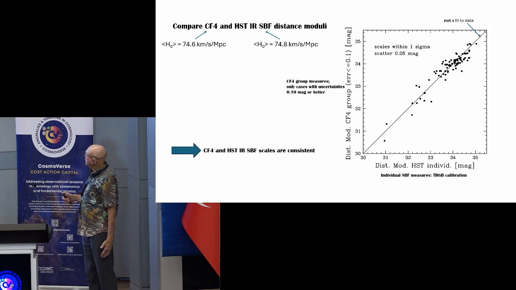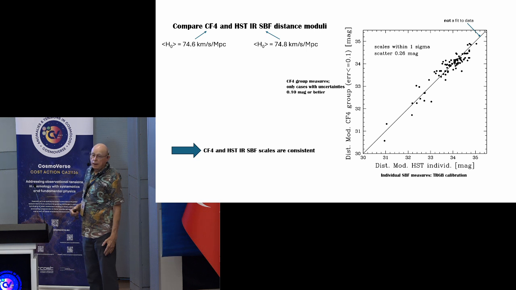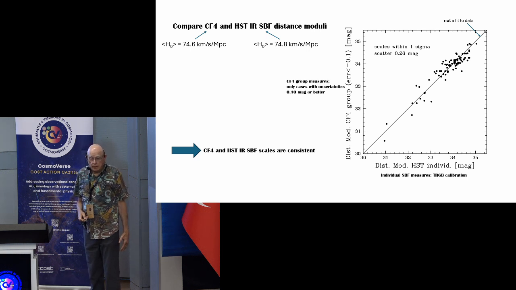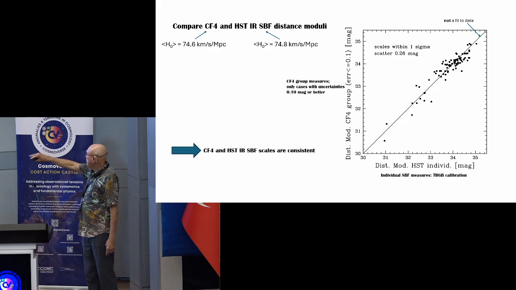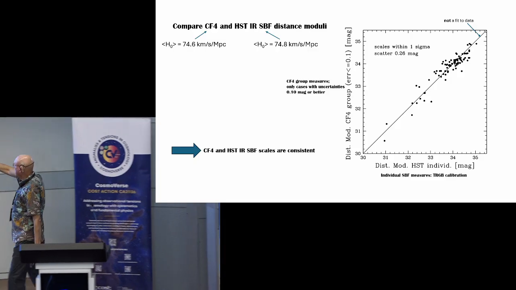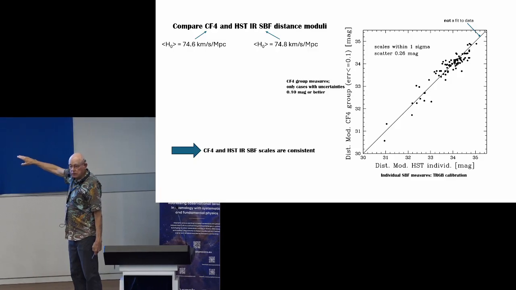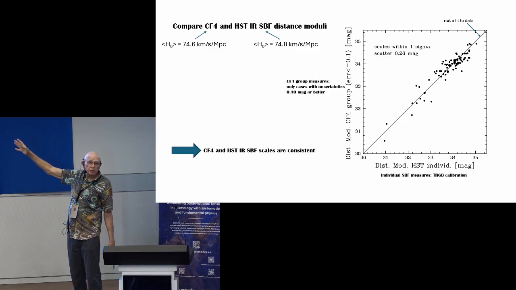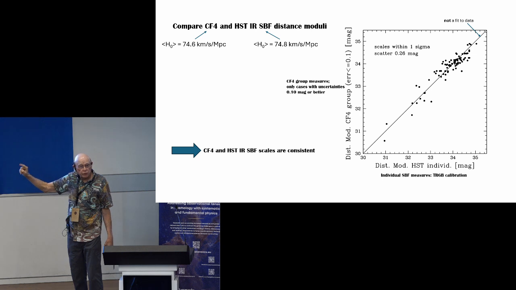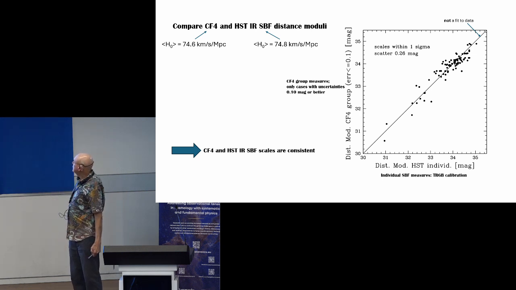Here, going back to the measurements of the surface brightness fluctuations with Hubble Space Telescope, what I'm comparing is the distance modulus from the HST surface brightness fluctuations with the distance modulus for the same groups in the Cosmicflows collection of distances.